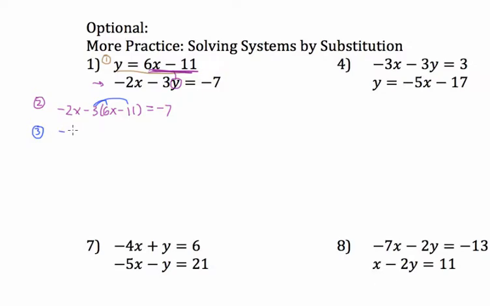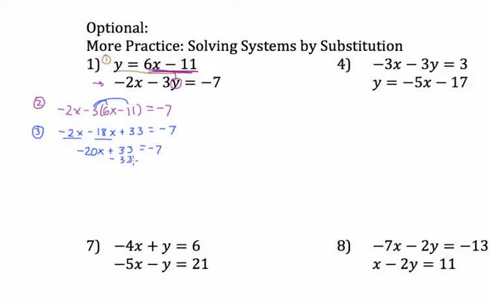So distribute. Add your like terms. Think money, lose $2, lose 18, you're now 20 in the hole. And now solve for x.